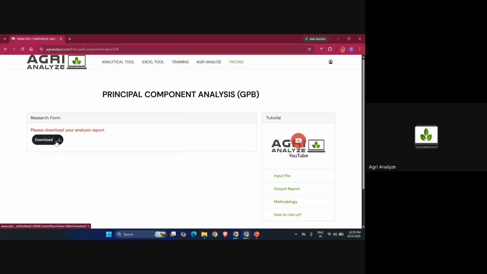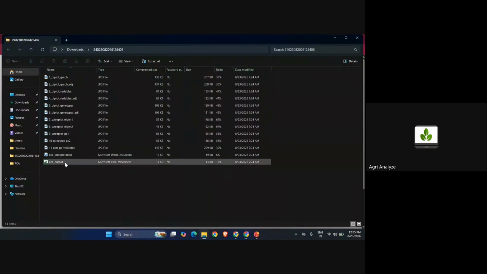Here you get a zip folder for your analysis report, because in the zip folder I have images for your biplot analysis and also a word file for interpretation. Then the PCA output is also given in an Excel file. So this way you get the output of your data, which has 11 graphs, 1 word file for interpretation, 1 Excel file for your output. Okay, so we will see step by step what each output tells.